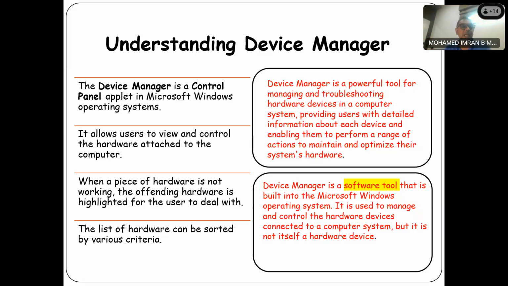It's basically a software, or some people call it an applet, as you can see in the slides here. So we say here, when a piece of hardware or device is not working and offending the hardware, it is highlighted for the user to deal with. Meaning, if there is something wrong with one of your devices, these devices will be highlighted to the operating system by the computer system, saying that it's not working.